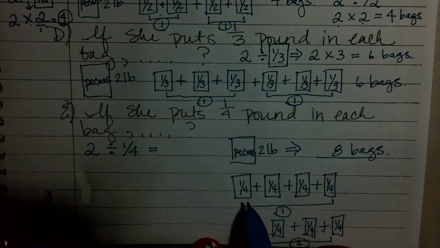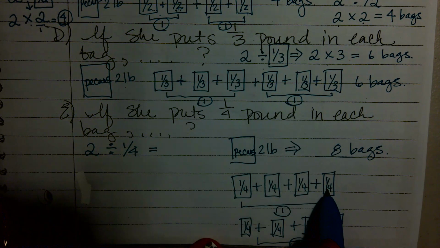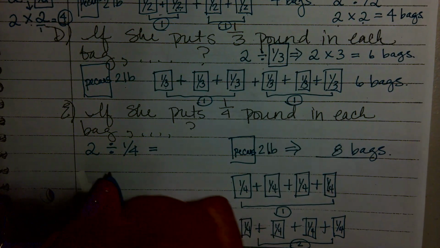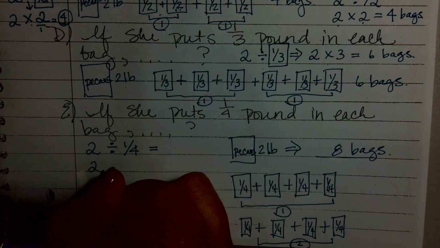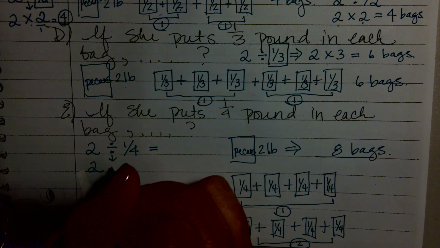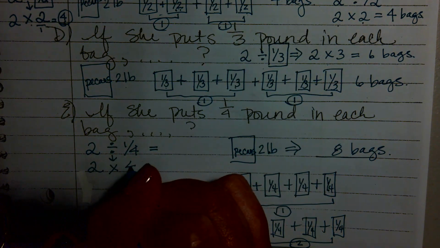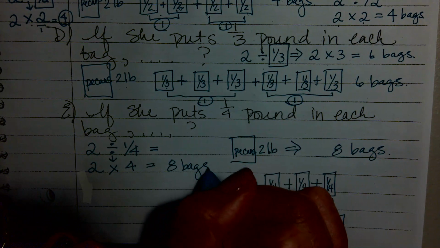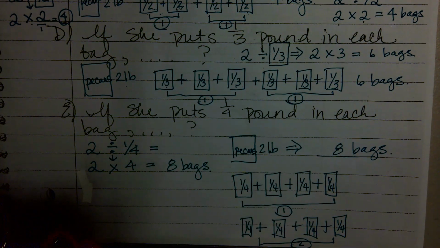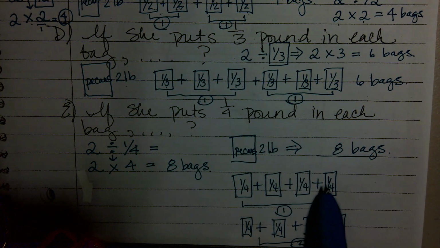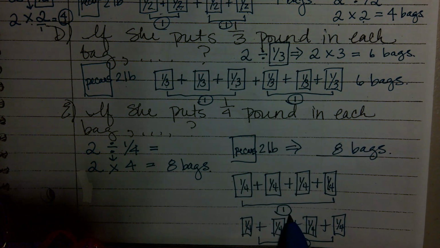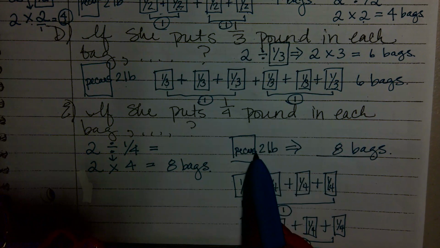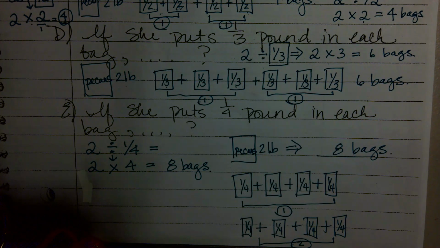But this is the same as 1, 2, 3, 4 times 2. Watch me how this works over here. So 2, an inverse operation, times 4 equals 8 bags. It takes 4 1/4 just to make 1. Then I double it, so 1, 2, 3, 4. 4 times 2 is 8.